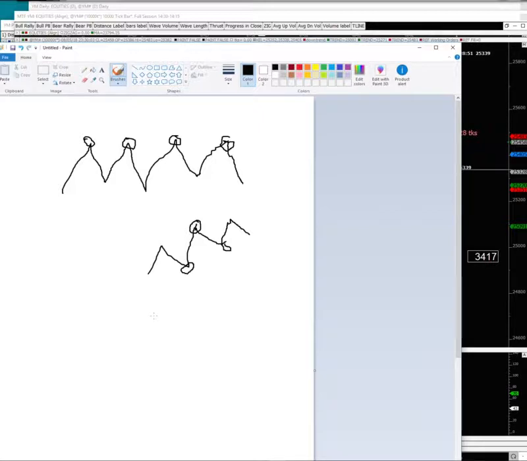Okay, so what we're talking about here is the turning point. And at the turning point, there is minor accumulation and distribution that occurs all the time, because traders are loading the boat at these points all the time.